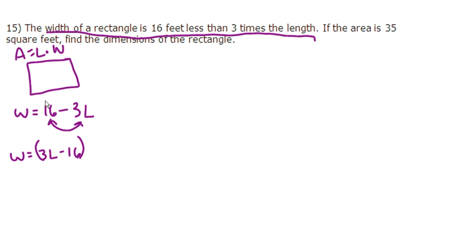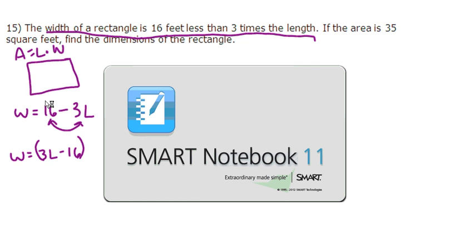Now I can't solve an equation that's got 2 variables, right? I need it to only have 1. So what I can do is replace the W with 3L minus 16. This is kind of like what we learned last semester with solving systems. It's just like that.